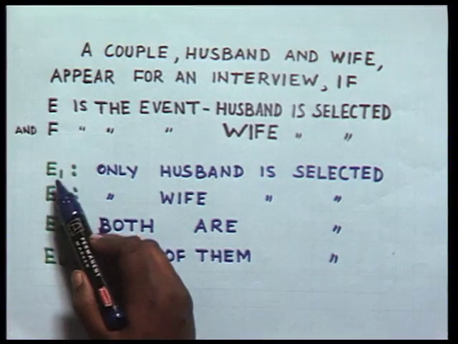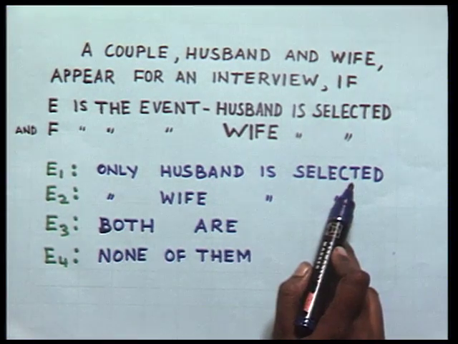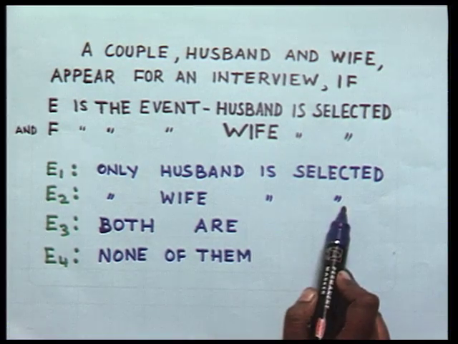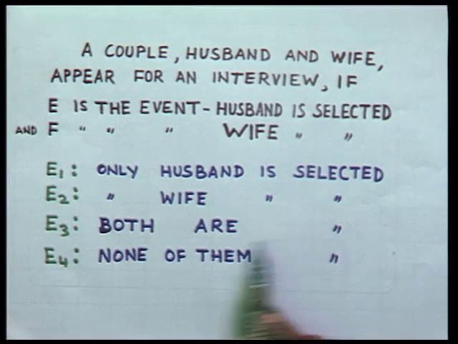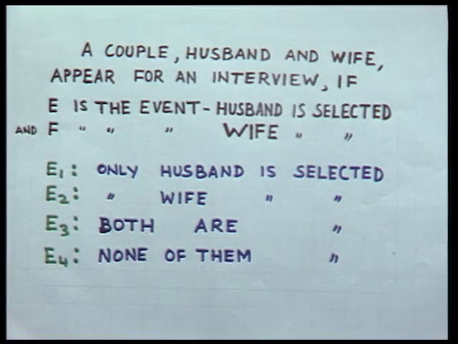Now, consider the event E1 as only husband is selected, event E2 as only wife is selected, event E3 as both are selected, and event E4 as none of them are selected.